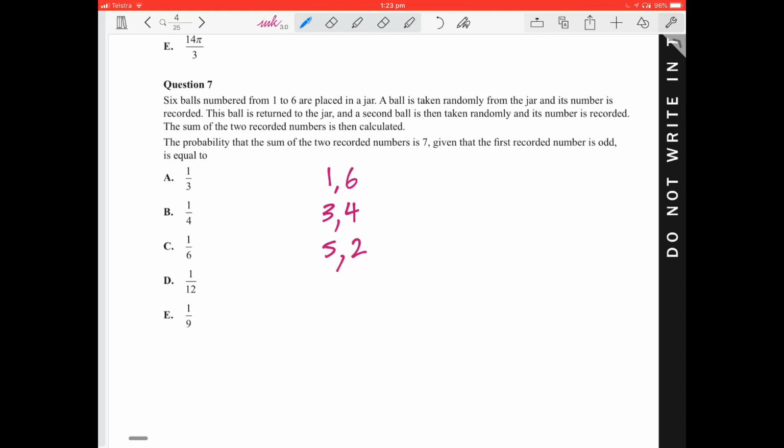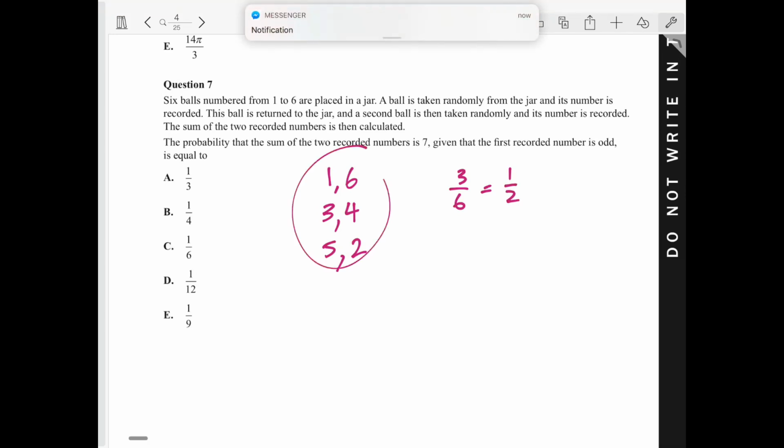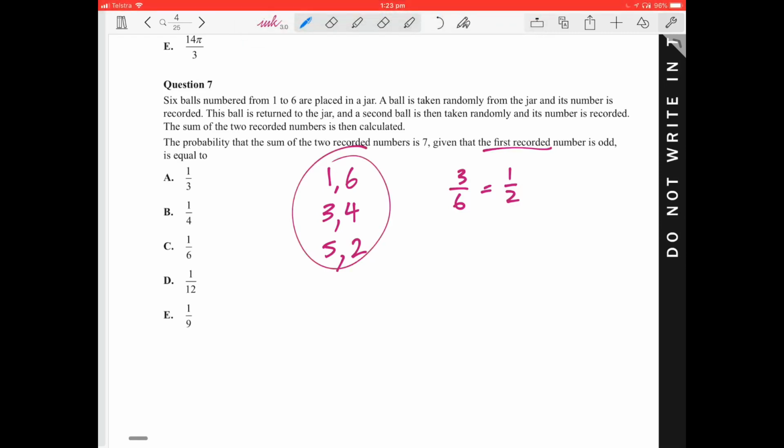The probability of the first number being odd is 3 out of 6, which is a half. And then the probability of the first number being odd and adding up to 7 is 3 out of 36.